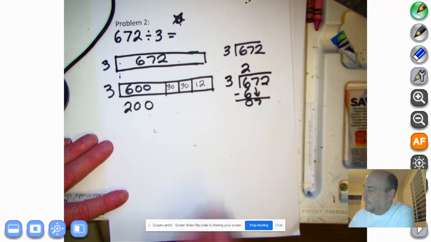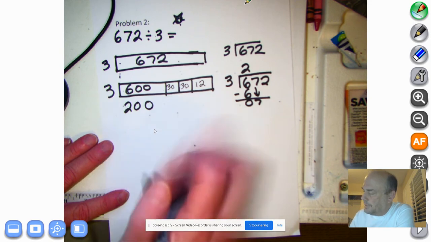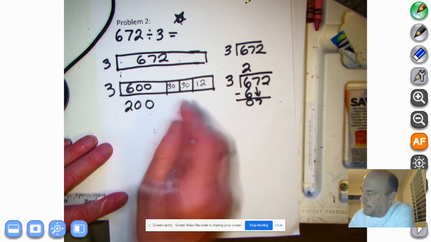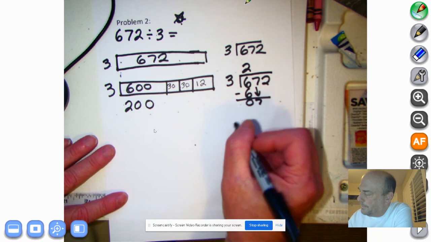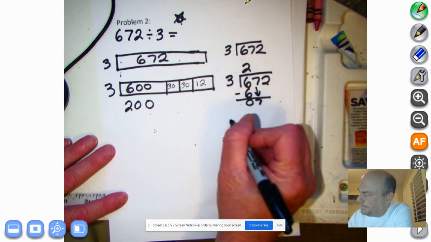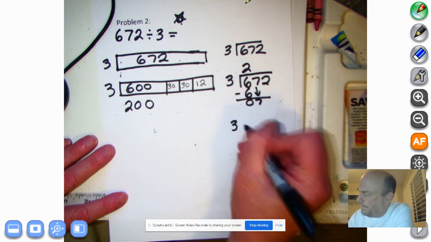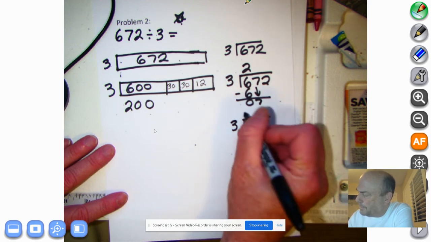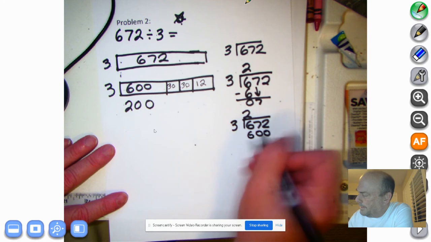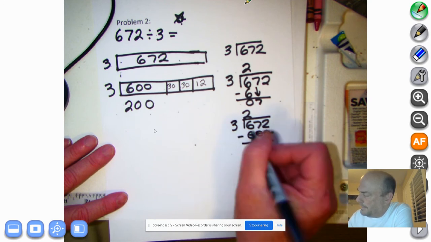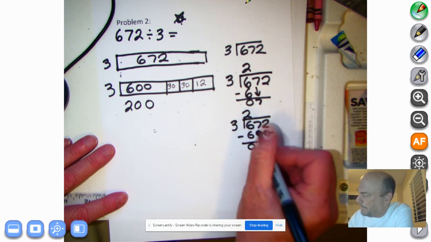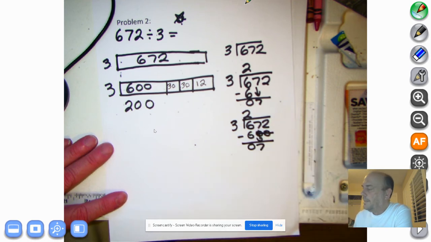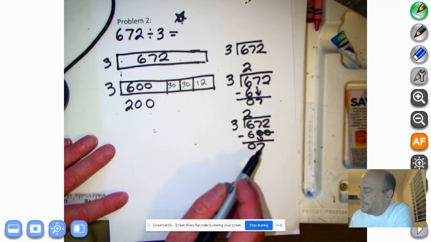So now, look here. We have these 2 30s. Let's continue on, but we're going to duplicate this. So 3 into 672. 3 times 2 is 600. Whoops, darn it. Subtract. 6 minus 6 is 0, and we bring down the 7. Okay, so how many of these 3's can we fit into 70?